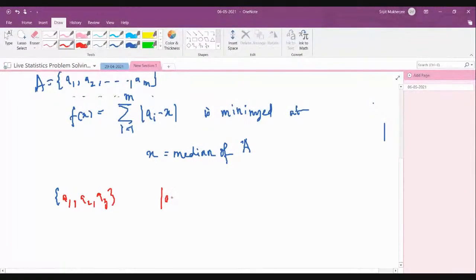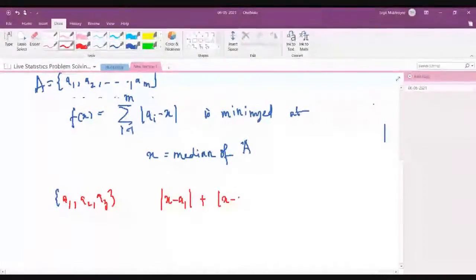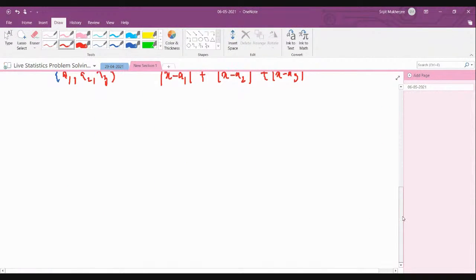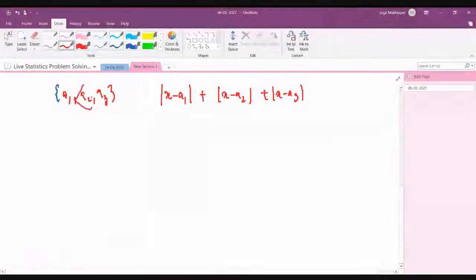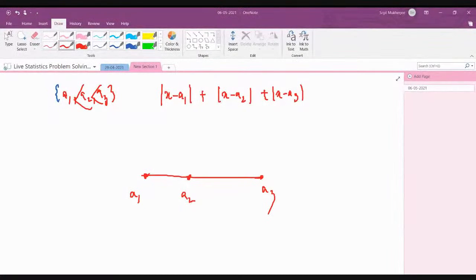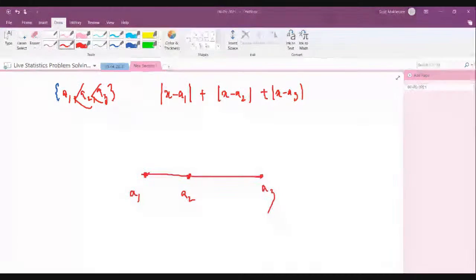Modulus of x minus A1 plus modulus of x minus A2 plus modulus of x minus A3. Let's say they are in increasing order, A1, A2, and A3, just like 1, 2, and 3. Maybe you can assume that.